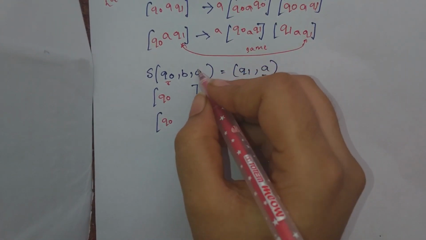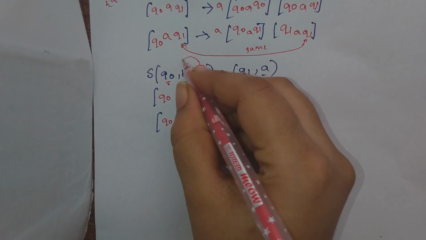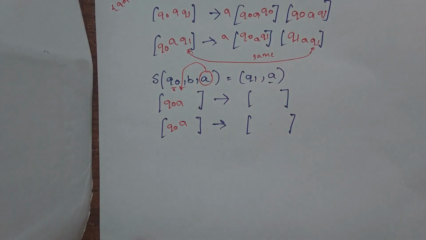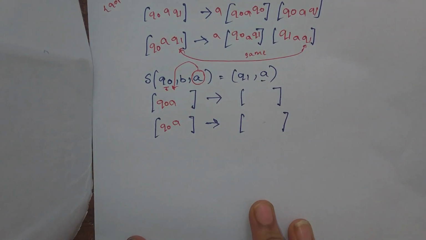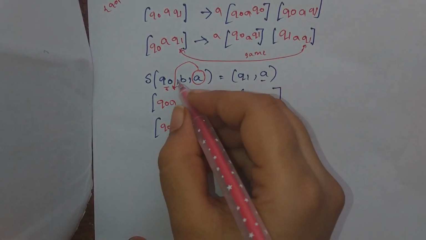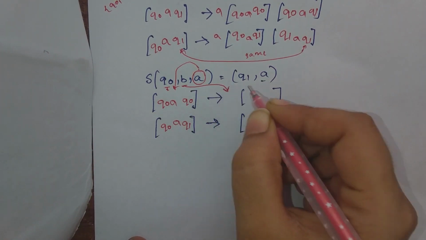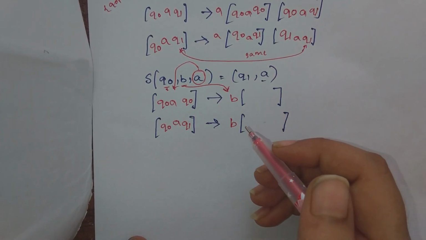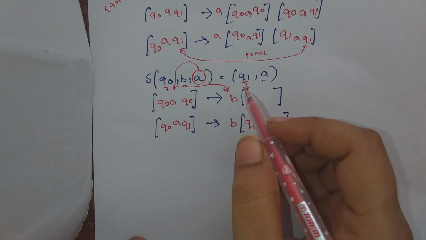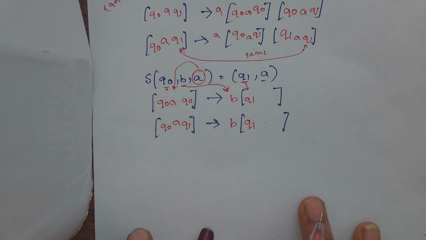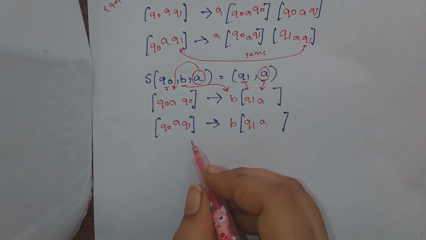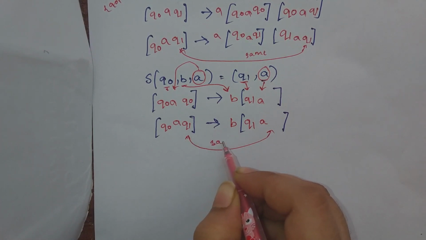And the last one comes in between. As we have only 2 steps, we'll get only one instance, Q naught and Q1. Now this symbol comes in front. So only one symbol comes in between these 2 states, which is A. As both are the same, we'll get here also Q naught and Q1.